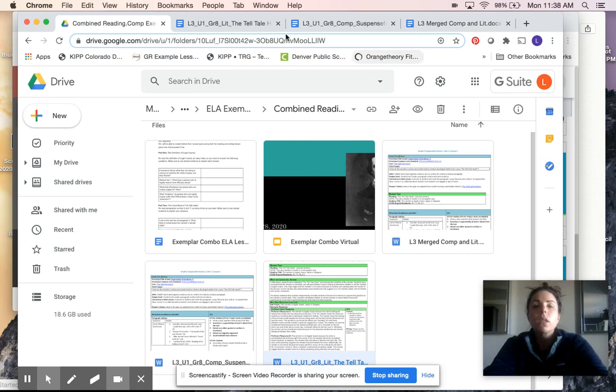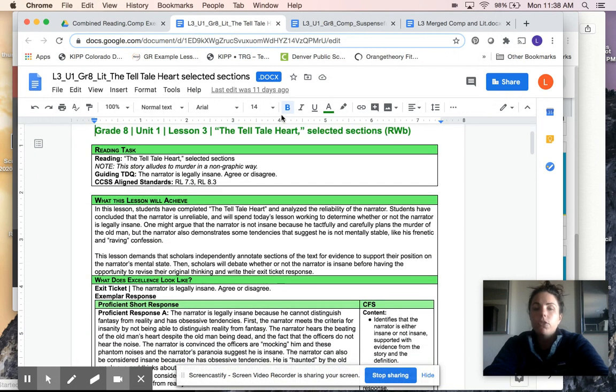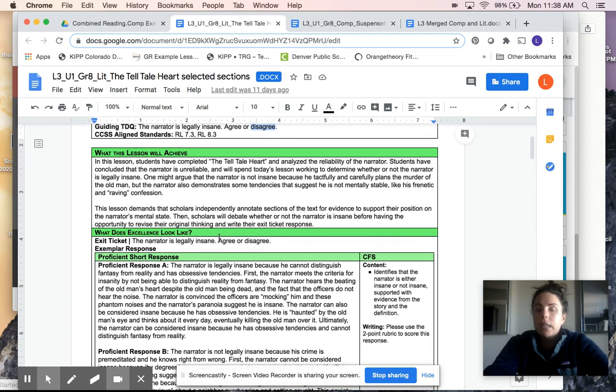So when I was looking at this, when I did the exit ticket, I really truly felt like the reading TDQ, the guiding TDQ, and exit ticket really was like a mid-workshop check.